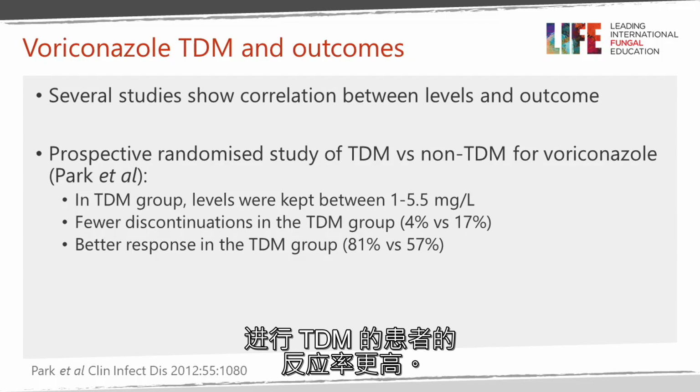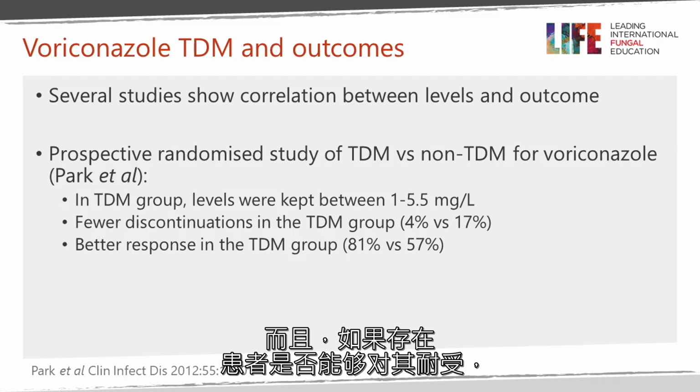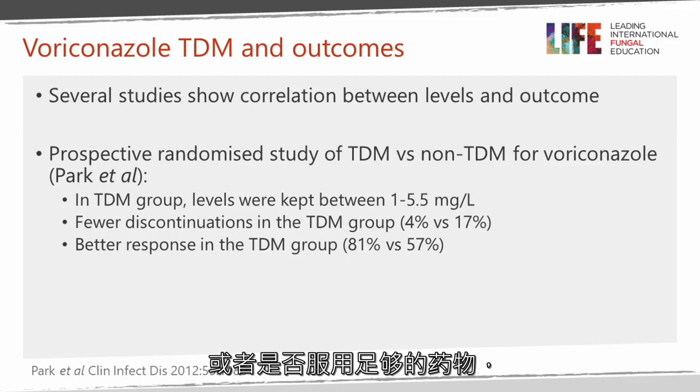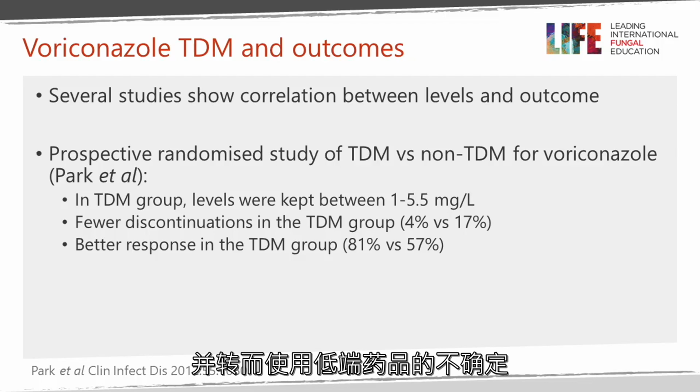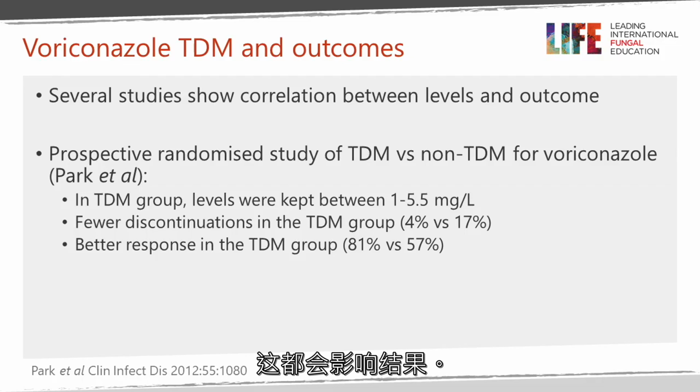And the response rate was also higher in those who had TDM. And that's really because this is a very effective drug. And if there's uncertainty about whether patients are able to tolerate it or whether they're having enough drug, and a switch is made to an inferior drug, such as for aspergillosis anyway, echinocandins or amphotericin, this impacts on outcome.